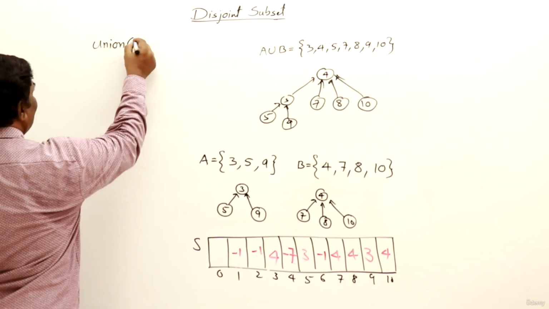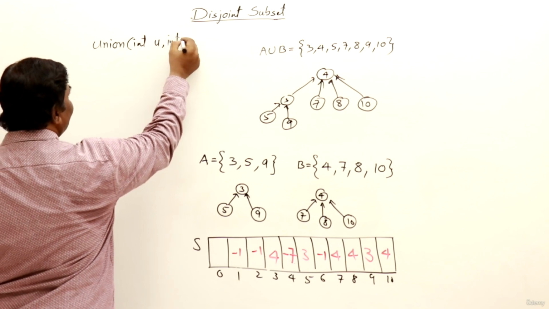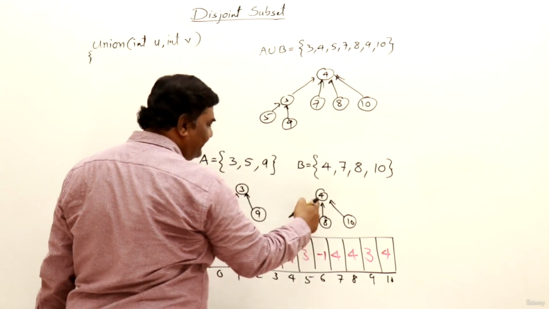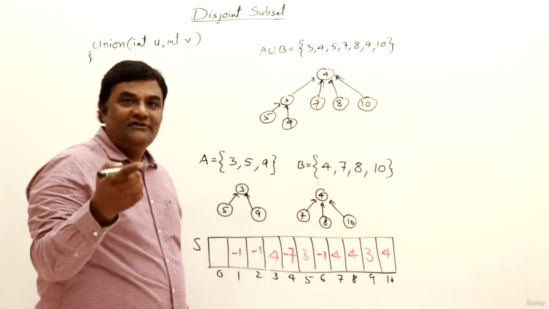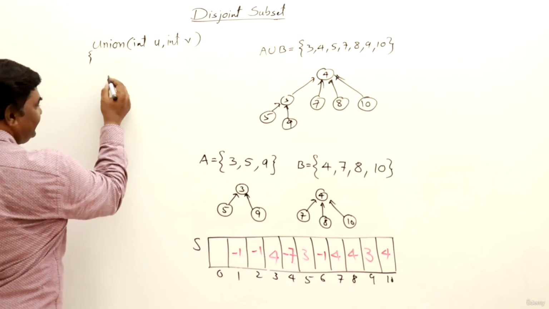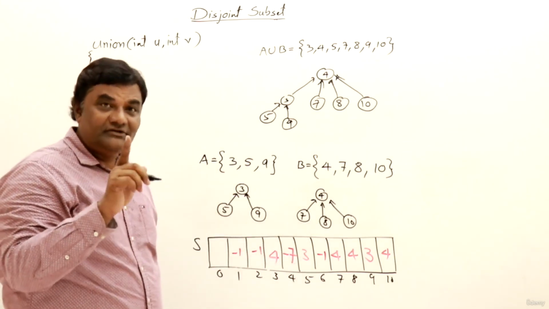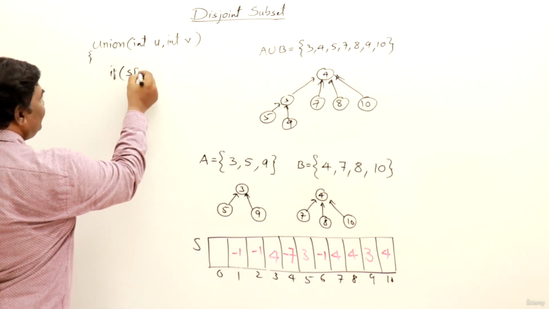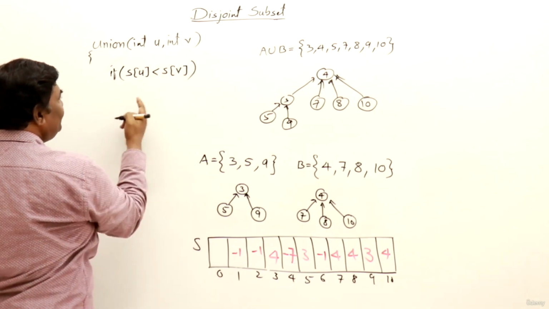Union of head of a set, let us say U, and head of a set, that is V. Let us say head of a set is 3 and this is 4. Let us say I am performing union on this, that is 3 and 4. For performing this, I should check whose value is smaller. Actually it is negative, so I should check for smaller. If S of U is less than S of V, then who will become parent?